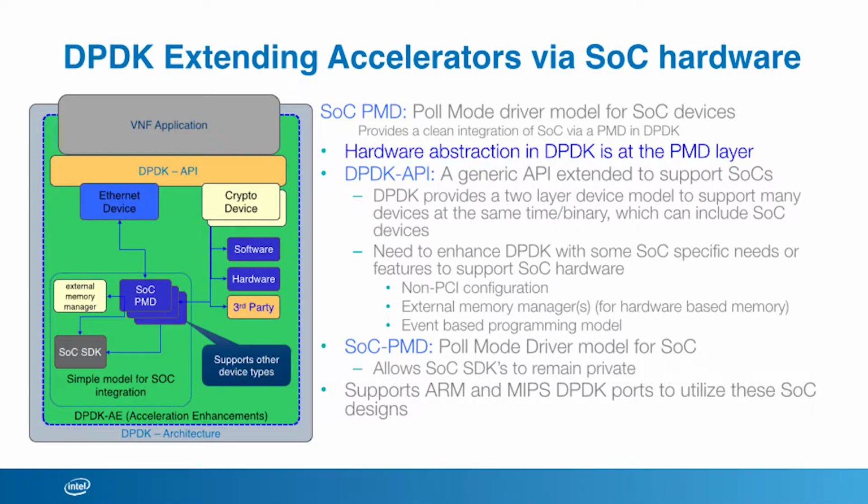It should give us the same level of performance that we see today, depending upon what is done at the SoC layer. Some of the SoCs have SDKs that have different models of memory, different models of packet formats, things like that, and we need to address that. We're not trying to talk directly to hardware. We need to go through the SoC's SDKs.